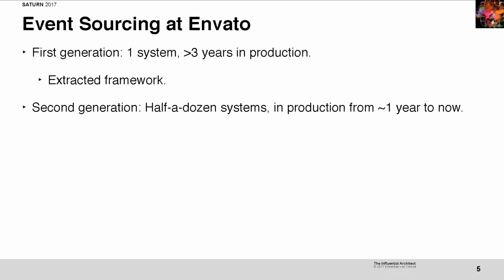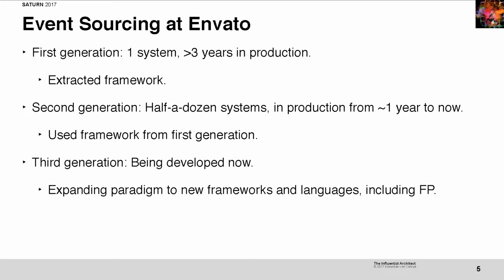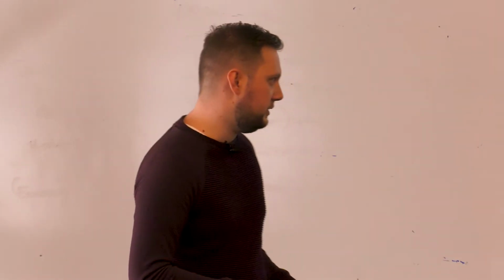There's probably about half a dozen of those, spanning a wide variety of business domains. We're now starting to look at the third generation of event-sourced applications. We're not moving away from our framework, we're still using it heavily, but we're looking at other ways to do it, including a more functional approach, which I personally find very interesting.